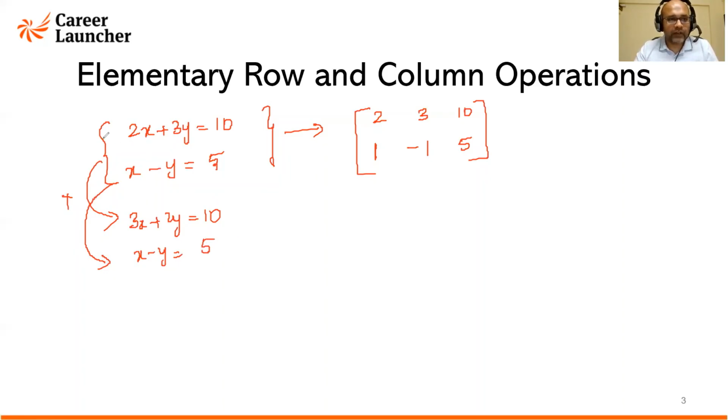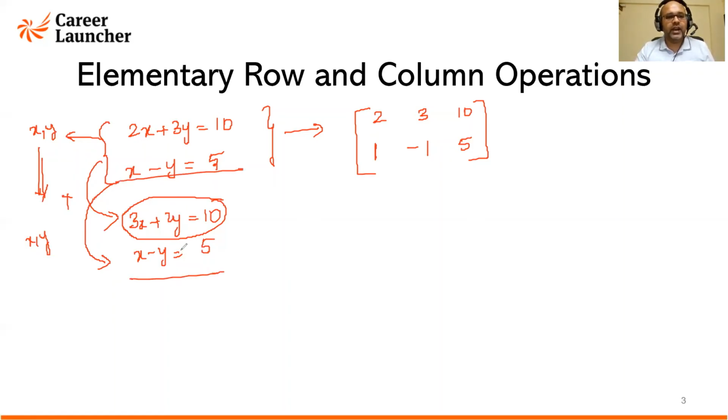Whatever answer I get for x and y, I will get the same answer here also. Why? Because what I got here is nothing but the addition of the original two equations. So when I'm not using a new equation, the answers are both going to be the same.